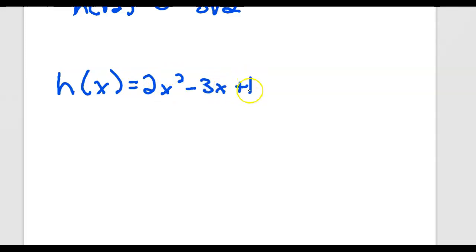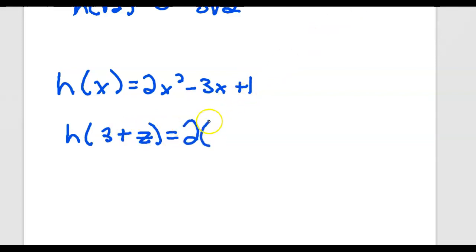Now, using that same h of x, 2x squared minus 3x plus 1, I want to find h of 3 plus z. We have to be very careful with this one.